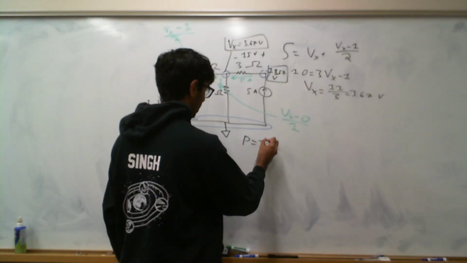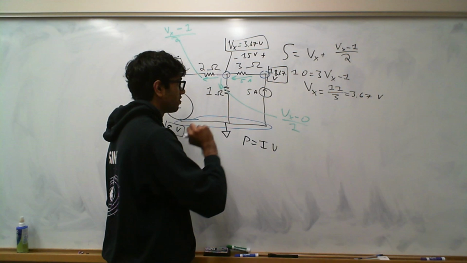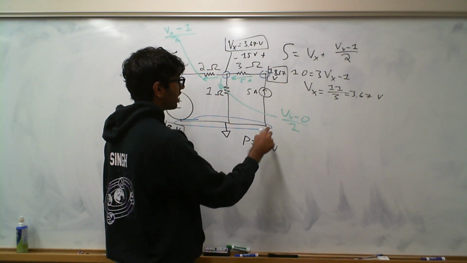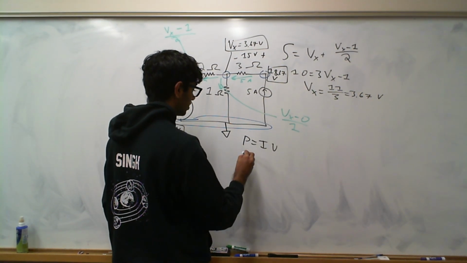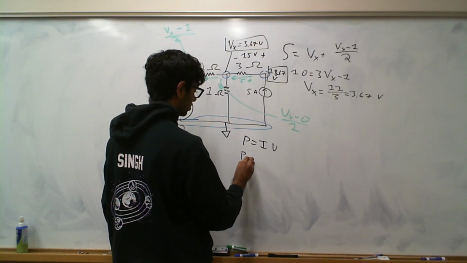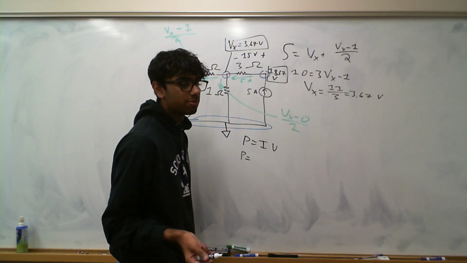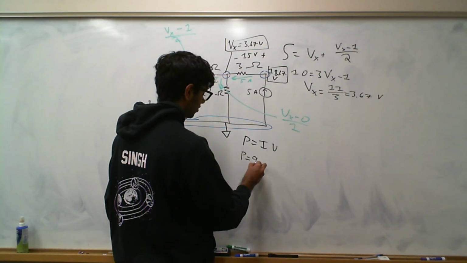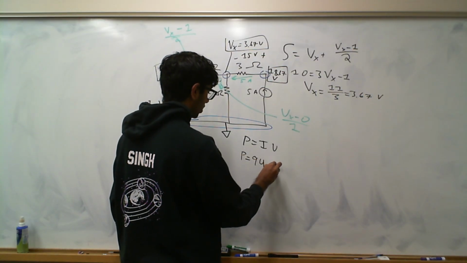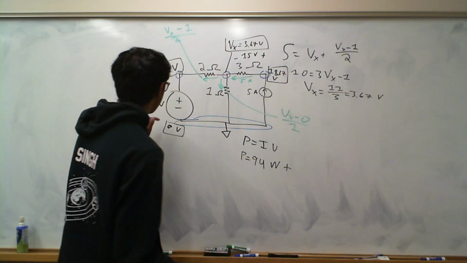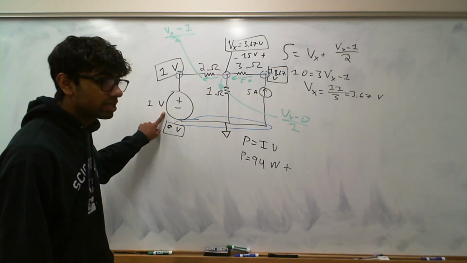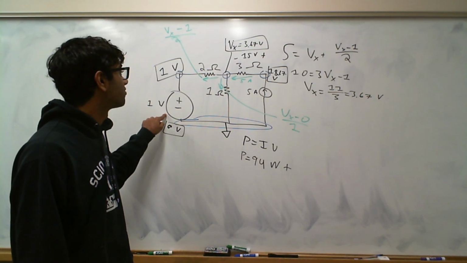For the 5 amp current source, I is 5, V is 18.67. So P is approximately, for that guy, about 94 watts.